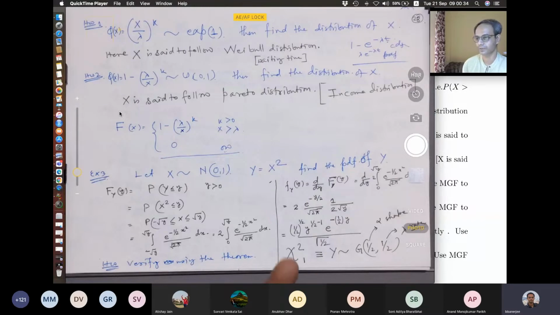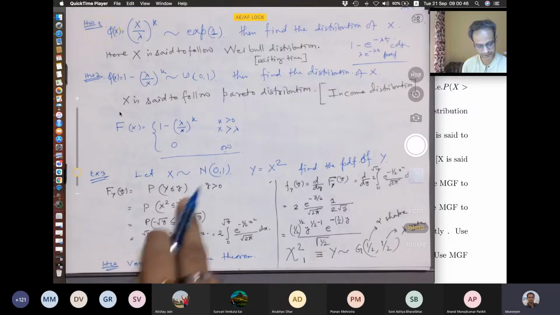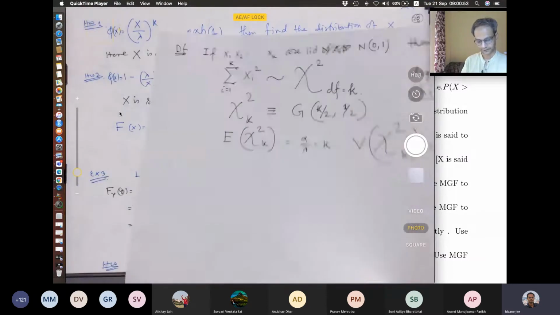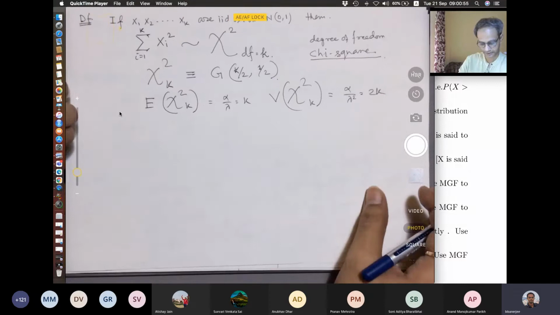Come up with the expression, sum them up, and check whether you are getting the same expression or not. You verify this using the theorem that we have just learned today. Okay, so this is a chi-square distribution.